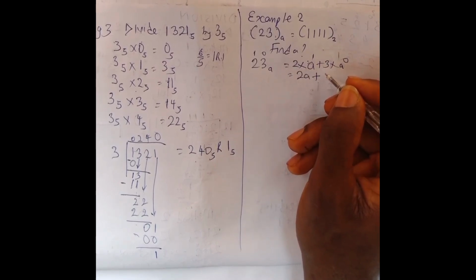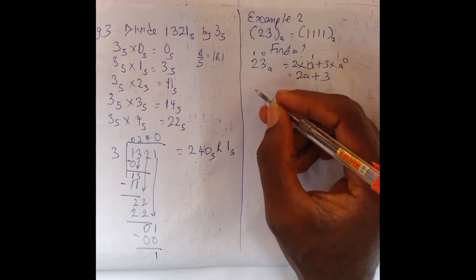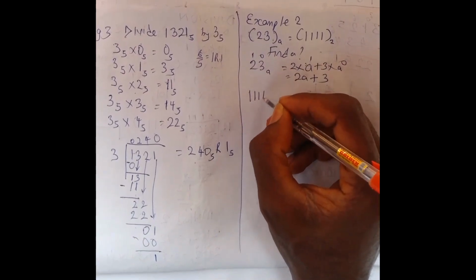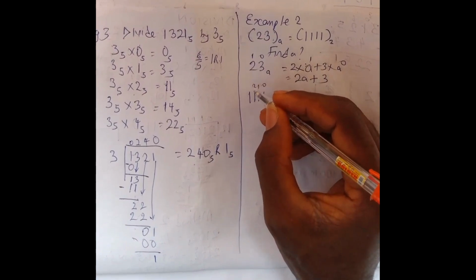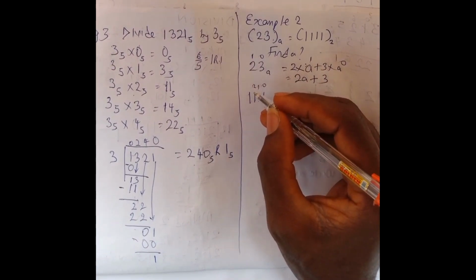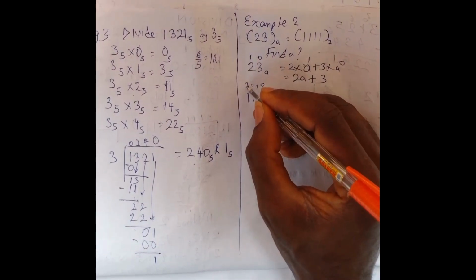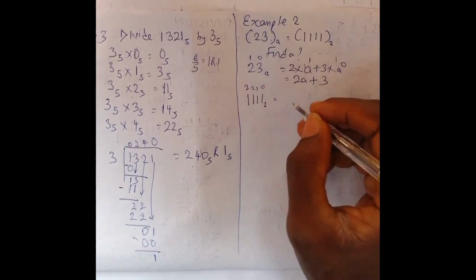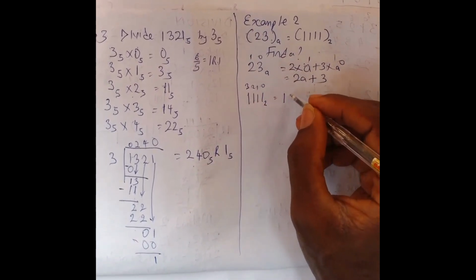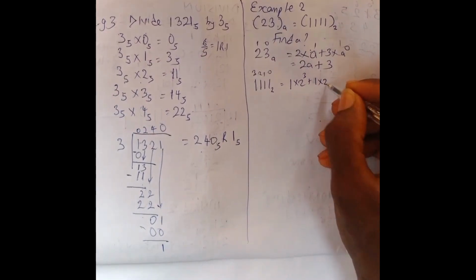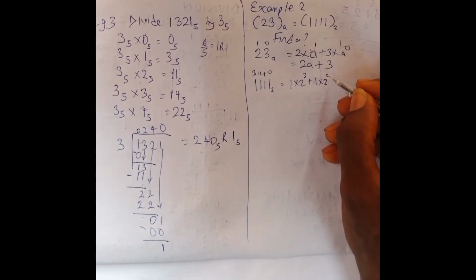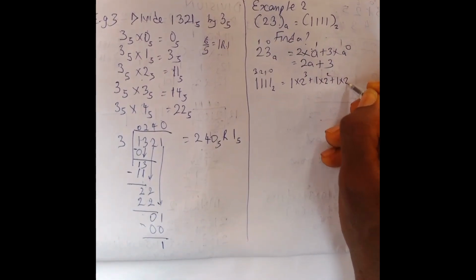So let's do the other one. 1111 base 2. Let's convert it to base 10. 0, 1, 2, 3. It equals 1 times 2 raised to power 3, plus 1 times 2 raised to power 2, plus 1 times 2 raised to power 1, plus 1 times 2 raised to power 0.